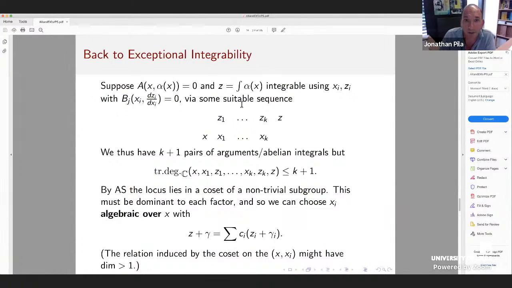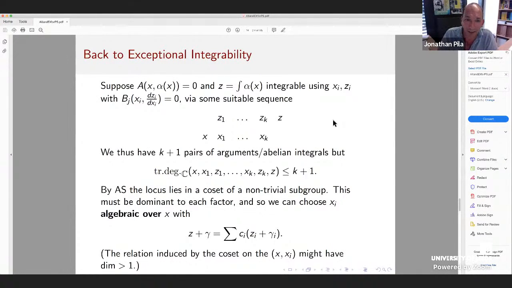So then you have some sequence of pairs xi, zi. And if you look at this diagram now, we've got x and z, and we've got x1 up to xk, and z1 up to zk. So we have k plus 1 pairs of arguments, x and xi, and their abelian integrals, z and zi.